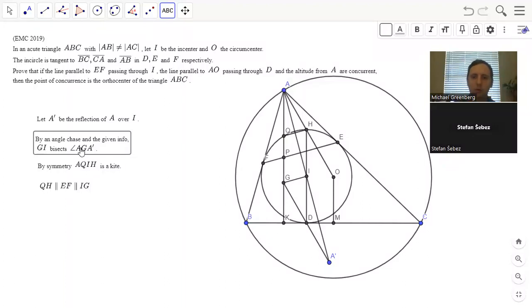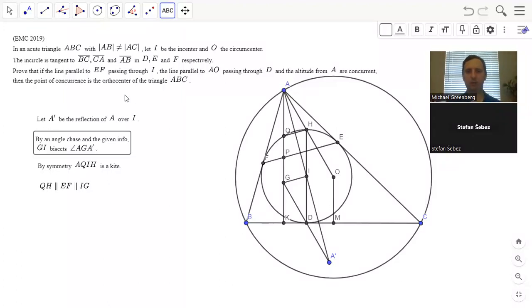I'm just confused. So QI, we know GD is parallel, but QI we can show as parallel just by an angle chase. Basically we want to show this. Do we know DIG is isosceles? I keep going in circles, sorry. But by an angle chase, I think it's just angle chasing.